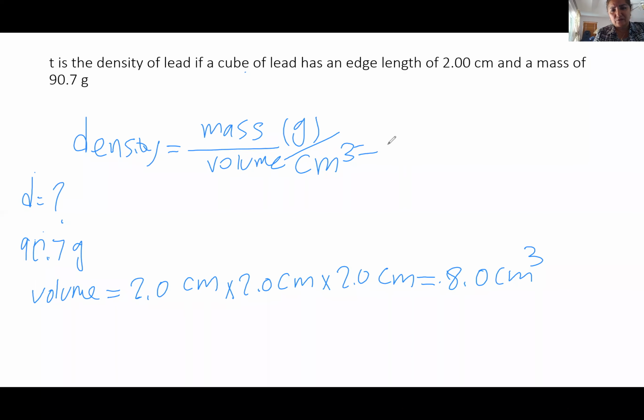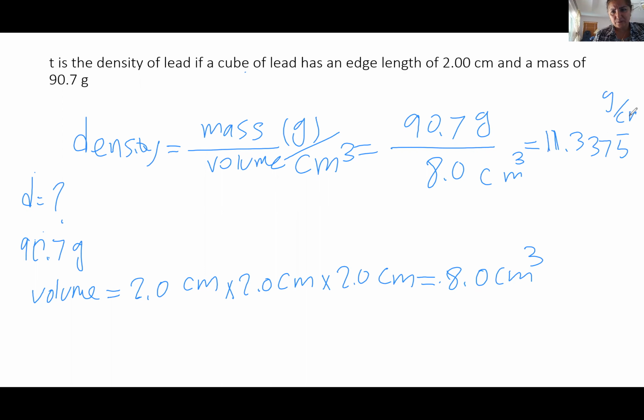Then you replace that into the formula: 90.7 grams over 8.0 cubic centimeters. Whatever number you find there is going to be the density. So 90.7 divided by 8.0. The answer is 11.3375 gram per cubic centimeter.